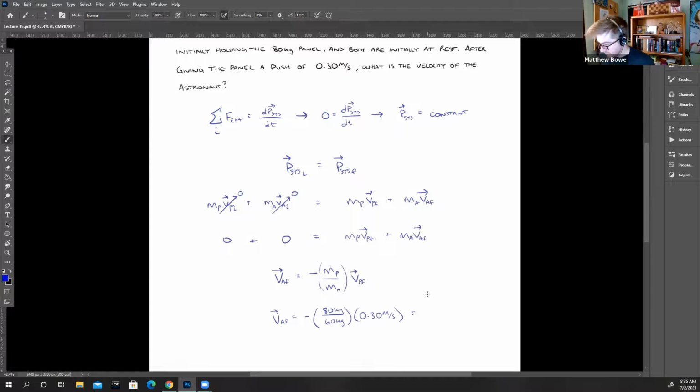That turns out to be, well, first, this velocity needs a direction. Since I'm only given one velocity and there's no coordinate system already given with the problem, I'm just going to say that this initial velocity here, let me put this inside the parentheses, this initial velocity was just in the X direction, the i hat direction.